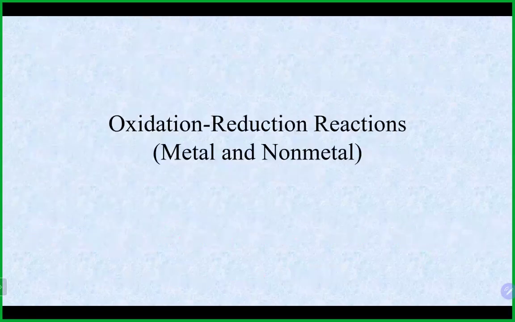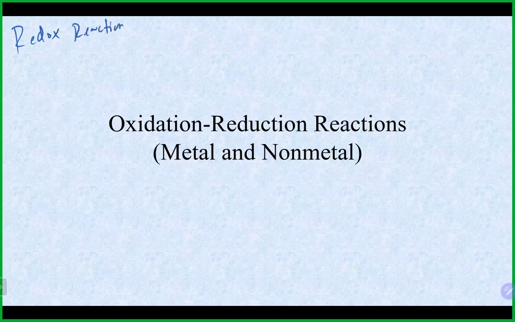Oxidation reduction reactions are what are referred to as redox reactions, and that stands for oxidation and reduction. And oxidation and reduction occur together. So one of the nice things about redox reactions is that if an oxidation occurs, a reduction has to occur with it.